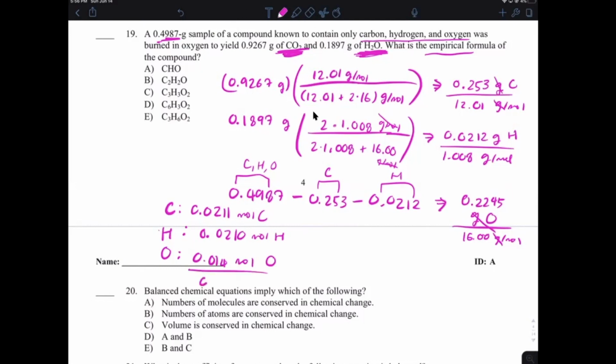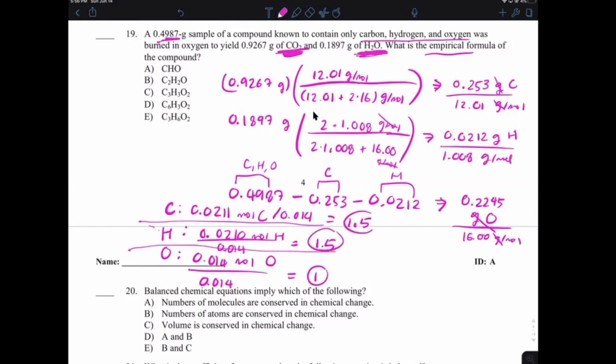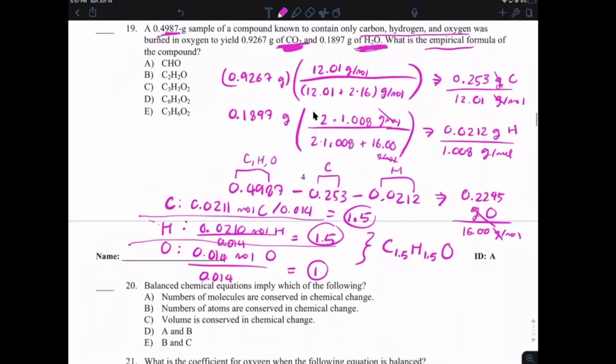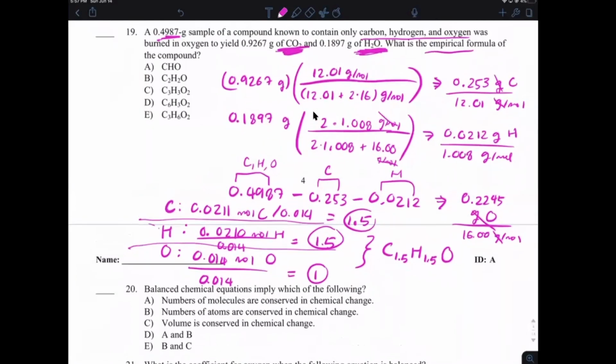So then divide this by 0.014. All right, this is about 1.5. This is also about 1.5, and this is just going to be 1. So let's combine everything. We get C 1.5, H 1.5, and then O. So yeah, we can totally use the chart thing with this. I just wrote like this because I didn't have too much room, but if you have room, then go ahead and use the chart.